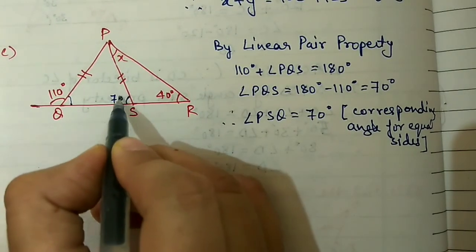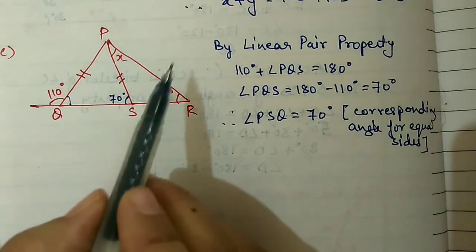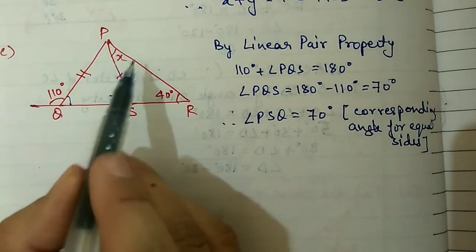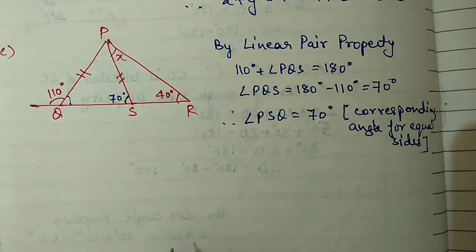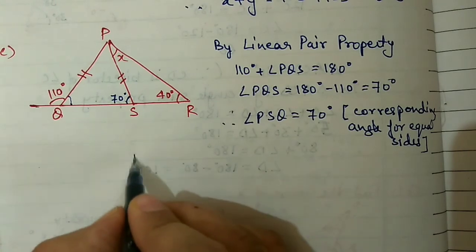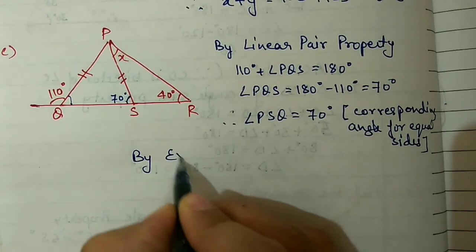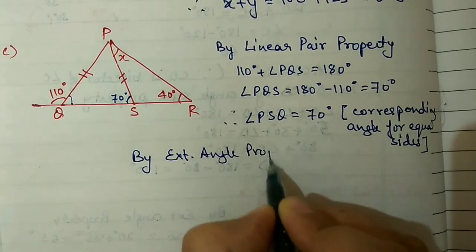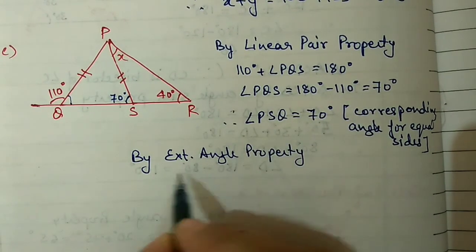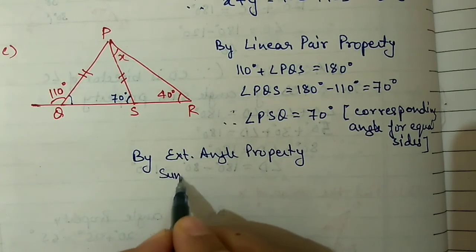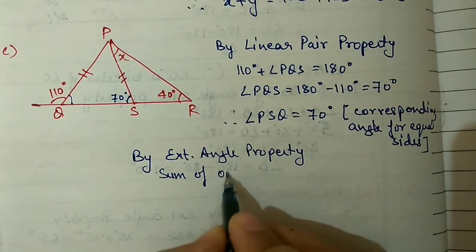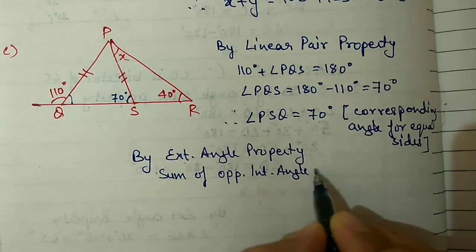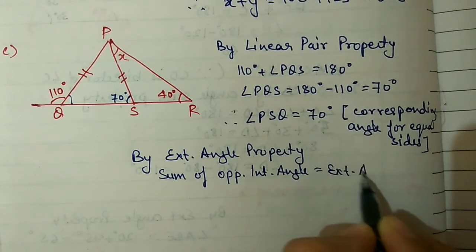After getting this angle 70 degrees, now again you can use the exterior angle property. This is the exterior angle for this triangle and the opposite interior angles are given. So by exterior angle property, the sum of opposite interior angles is equal to the exterior angle.